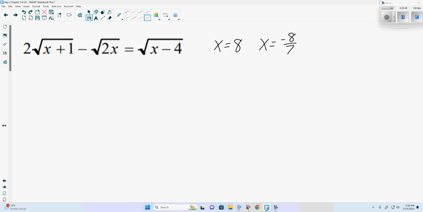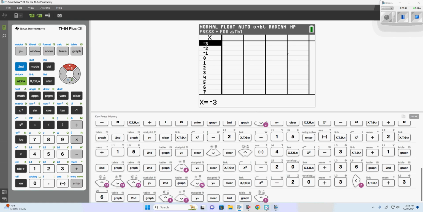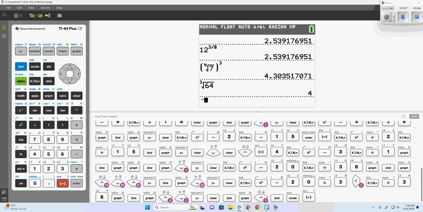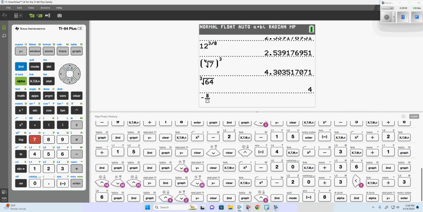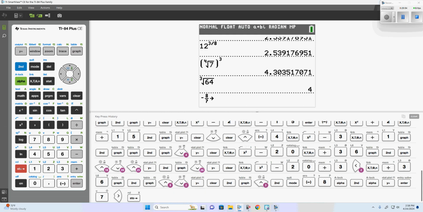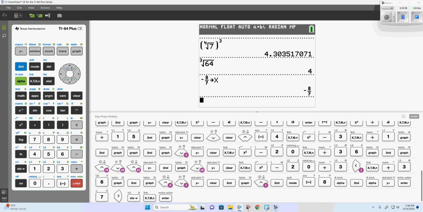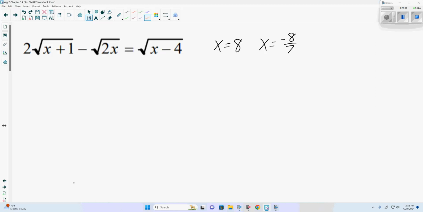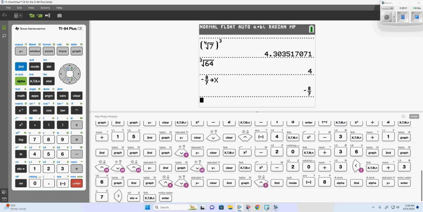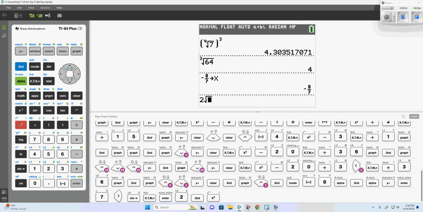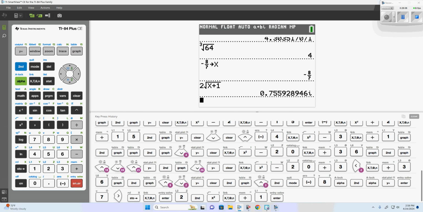Which one of these do we think is probably not going to work? Negative 8/7. Now, checking negative 8/7, we store it in as x. 2 times square root of x plus 1 gives that imaginary number there.